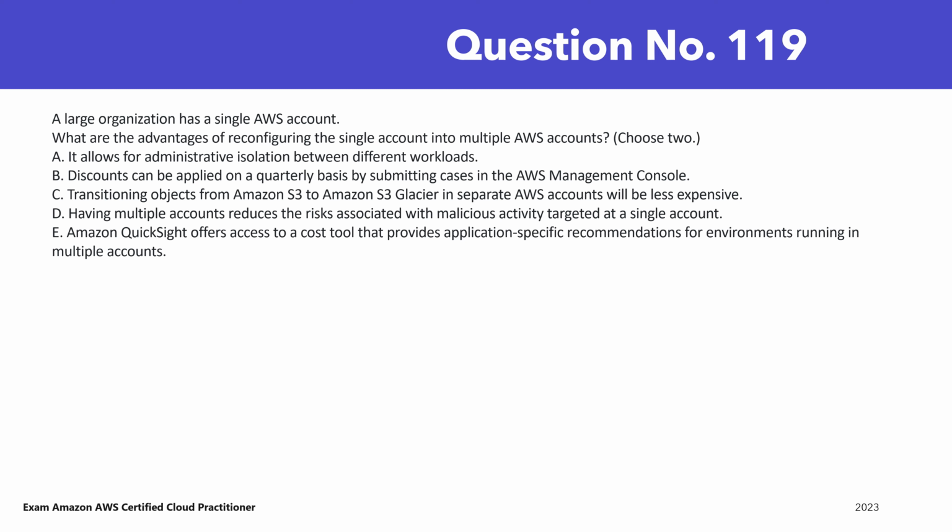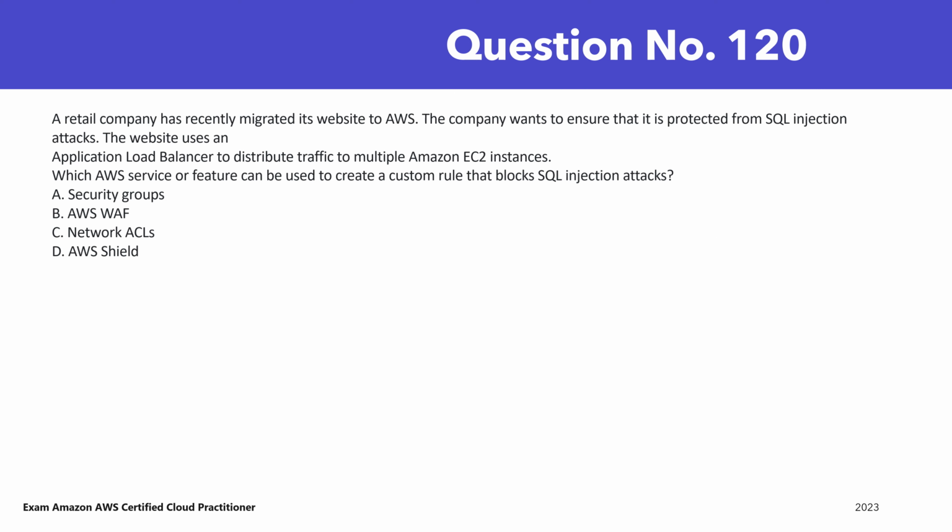C. Transitioning objects from Amazon S3 to Amazon S3 Glacier in separate AWS accounts will be less expensive. D. Having multiple accounts reduces the risks associated with malicious activity targeted at a single account. E. Amazon QuickSight offers access to a cost tool that provides application-specific recommendations for environments running in multiple accounts. Correct answer, A, C.